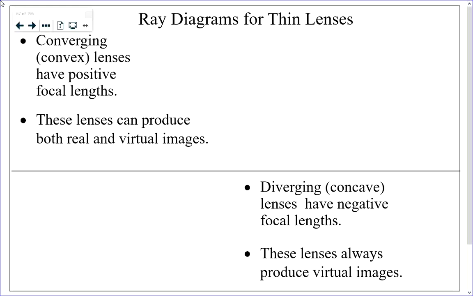Again, I think it's useful to familiarize yourself with the ray diagrams because you may be asked to identify a correct ray diagram on an exam, or you may be asked a multiple choice question which can very quickly be answered by doing a ray diagram.